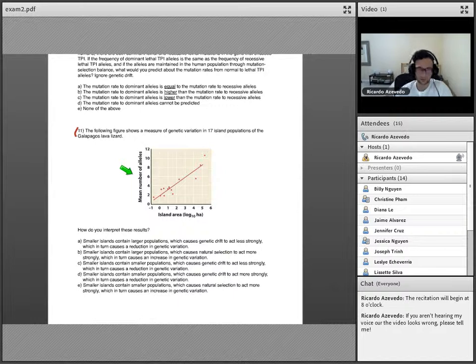So first of all, does anyone know what the relationship was between drift and heterozygosity? What is the relationship between genetic drift and heterozygosity? Does drift increase heterozygosity or decrease it?